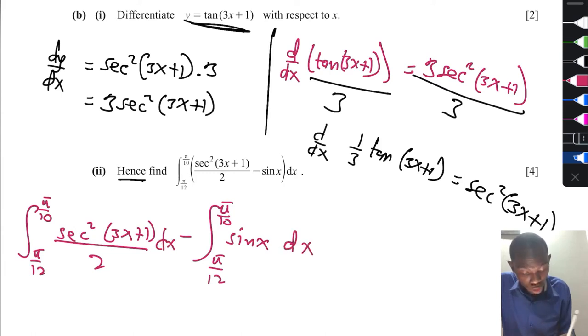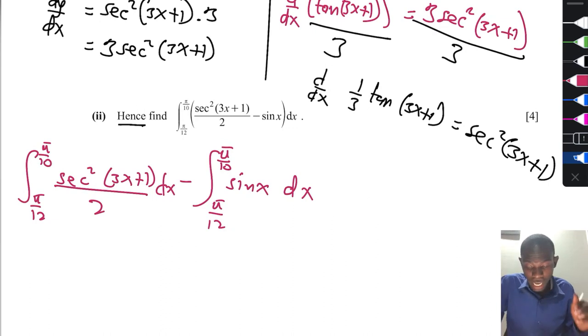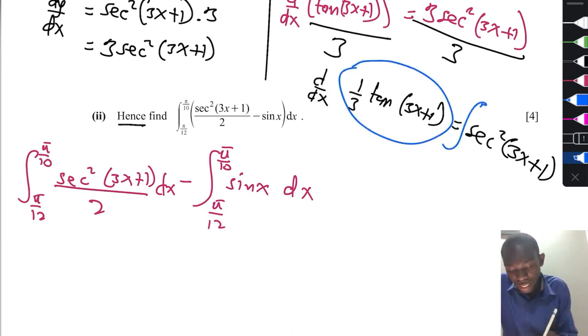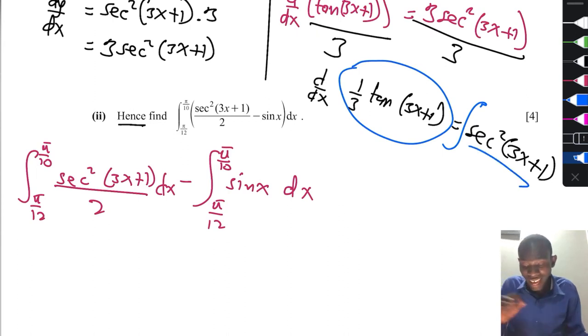Should I split it? Now if I told you that if I integrate this, then I'm going to get this as my answer, and this particular thing here is what we are seeing right here.